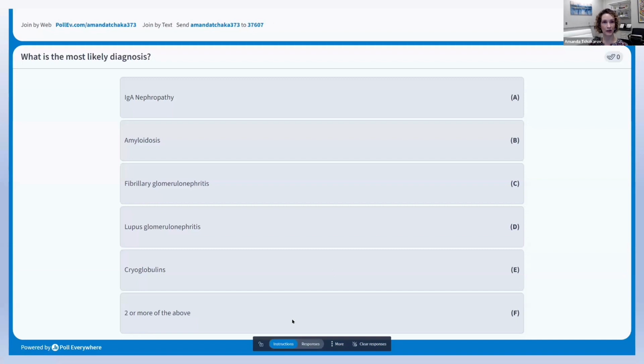So this is our first Poll Everywhere question. Again, if you didn't get a chance to scan the QR code, we do have it here. Based off of these findings, what is the most likely diagnosis in this kidney? I'll give you all a few seconds to weigh in.